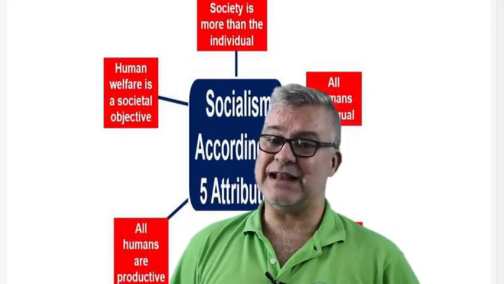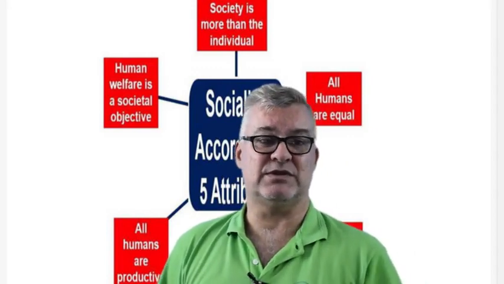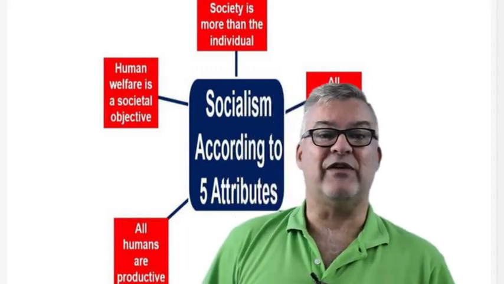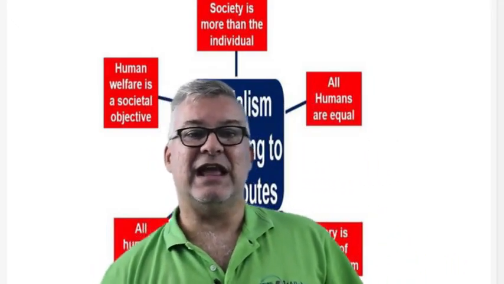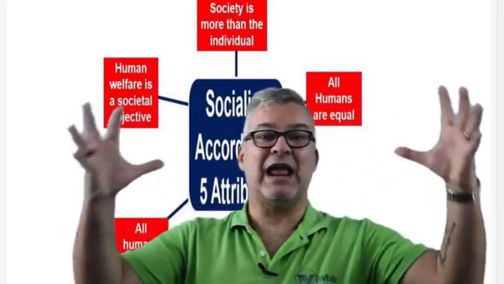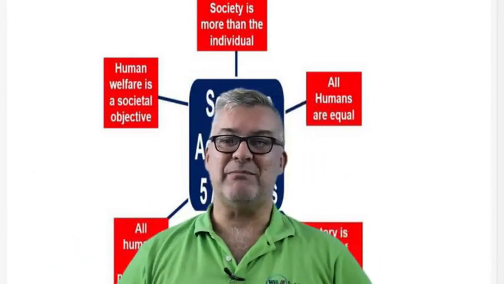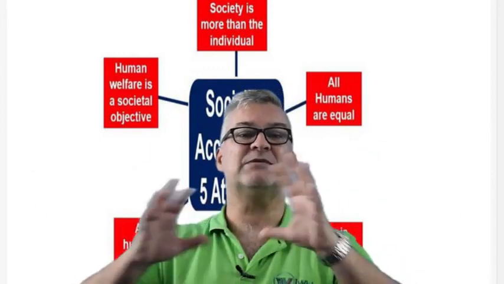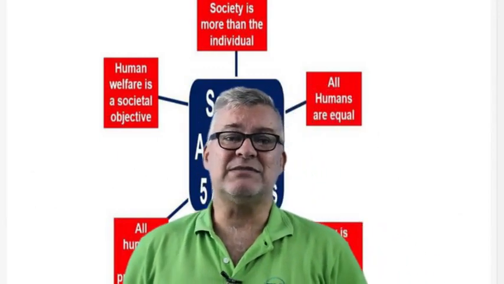Well, we know that's not necessarily true, but under socialism, there is an expectation that everybody contributes. And human welfare is a societal objective. So society is looking after itself. The idea of looking after each other, looking after humans, becomes part of the collective, becomes part of the whole. So ideally, it sounds like socialism is the right way to go.